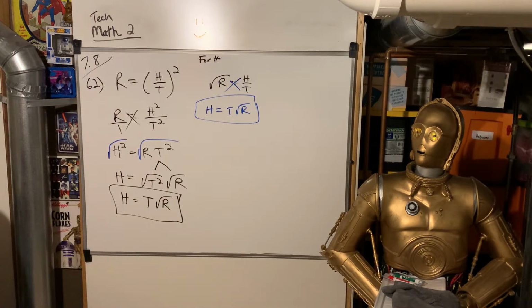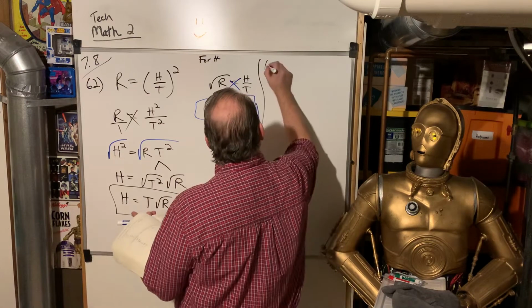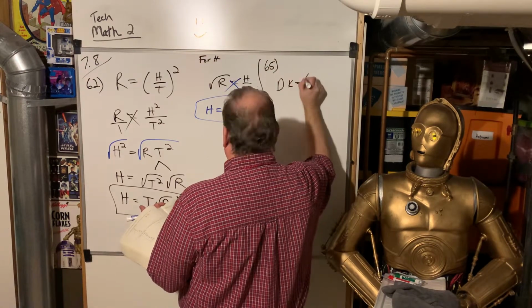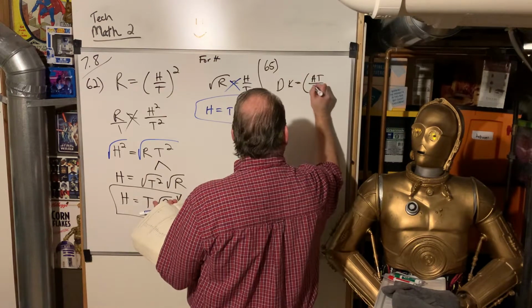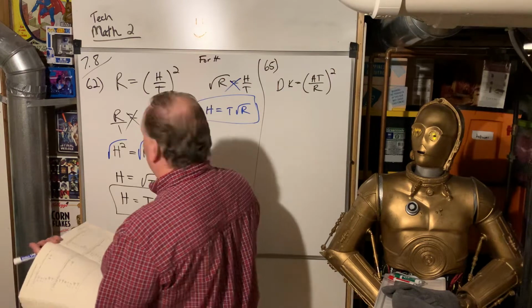Let's take a look at 65. This time we'll try to do it quick and efficient here for 65. We've got dk is equal to 8t over r squared, and they want me to solve for r.